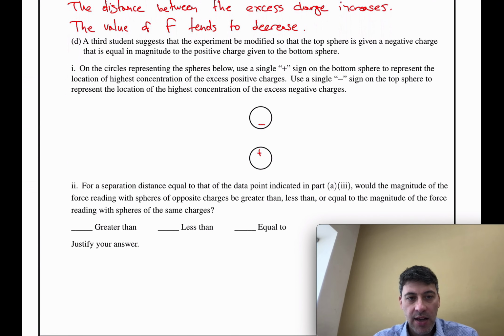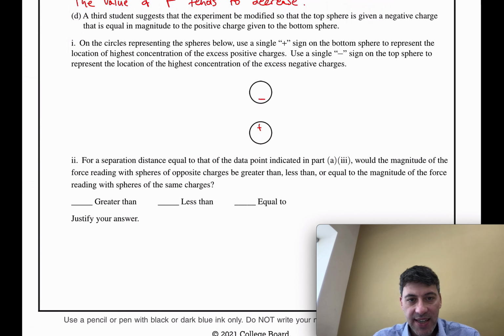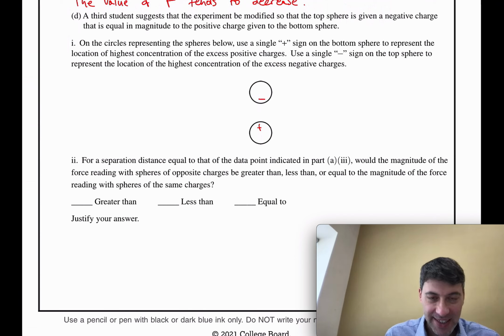We need to use a single plus or a single minus. That's it. And for a separation of charges equal to that of the data point indicated in part 3, what would the magnitude of the force reading be: greater, less, or the same? Now, that's a nice question.